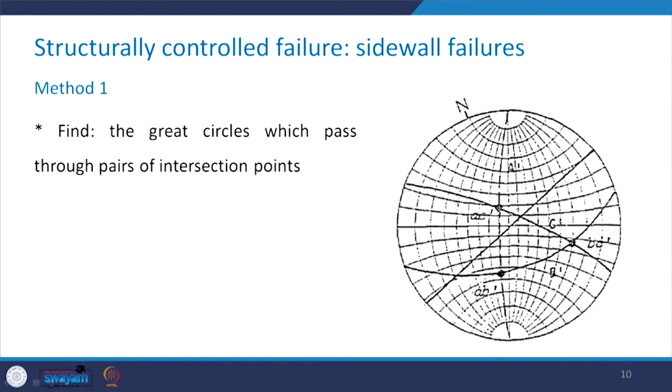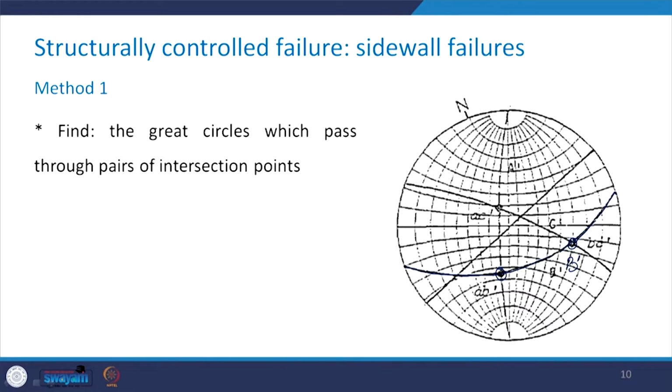Now, we find the great circles which pass through these pairs of intersection points. For example, see, this is your BC prime and this is AB prime, and we find out the common great circle which is passing through both of these, and we call this the great circle B prime.